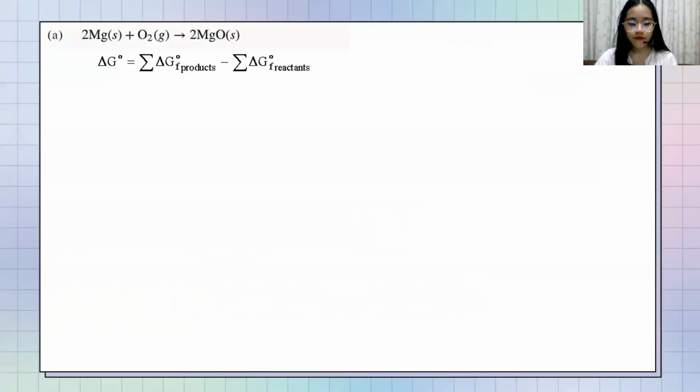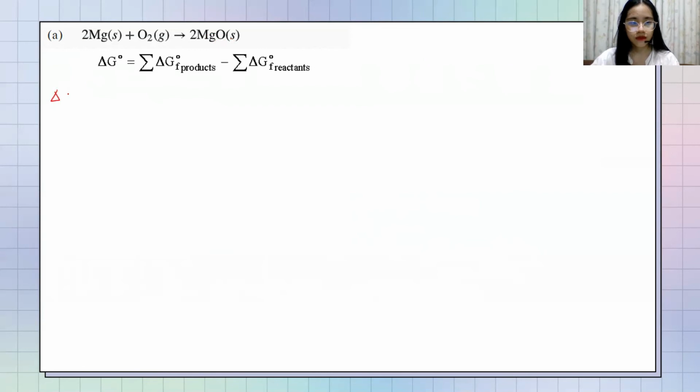So first, we have here this equation. Let's use the formula to get the standard state free energy of a reaction. So in the product side, we have here 2 moles of magnesium oxide.